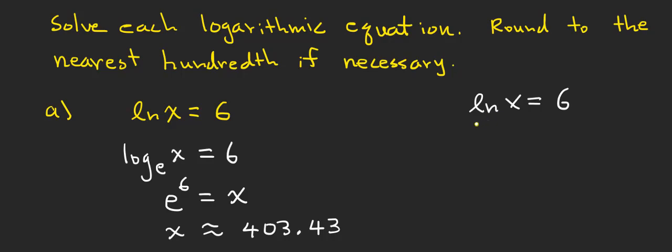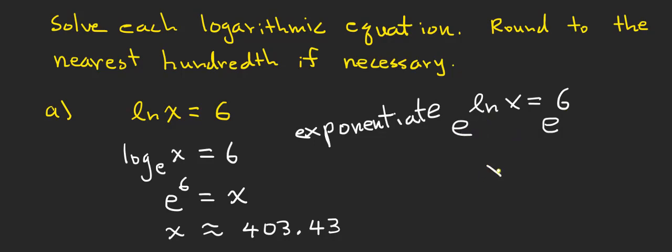So what we're going to do is put e under both sides so that these two become exponents of base e. We call this process exponentiating. You just exponentiated both sides. So now what happens? e and natural log cancel out. You get x equals e to the 6th, which is the same as the answer we got earlier. So you have 2 different ways of doing it, but I think this second method is easier.